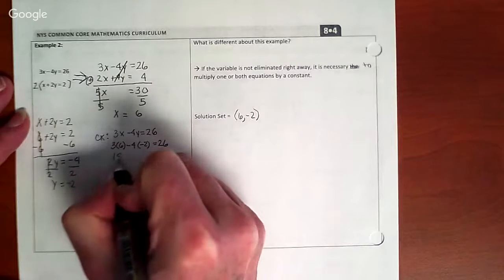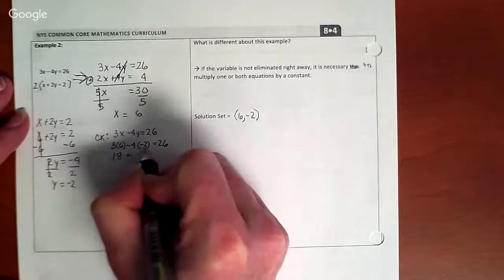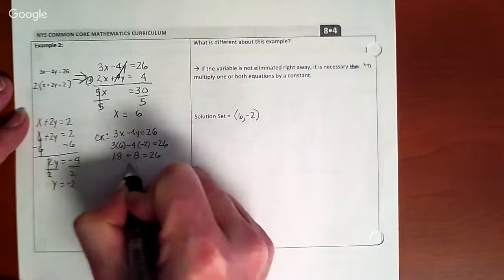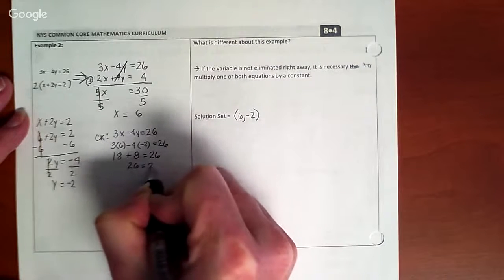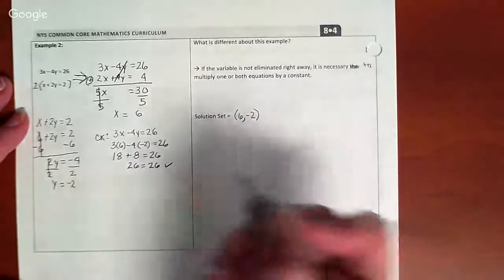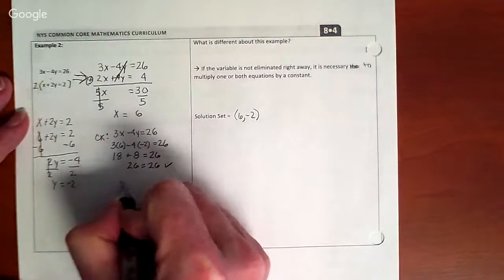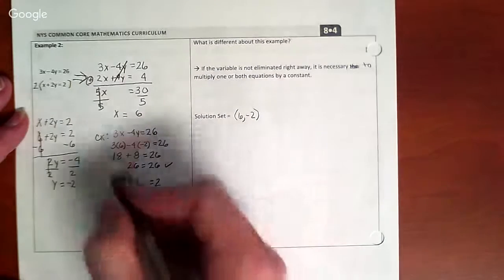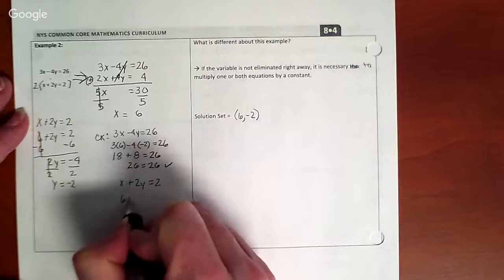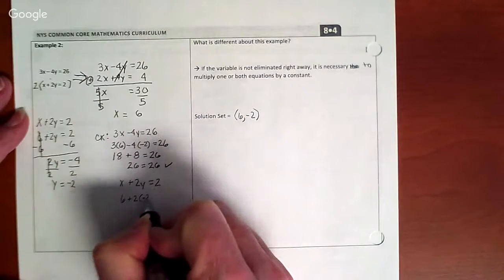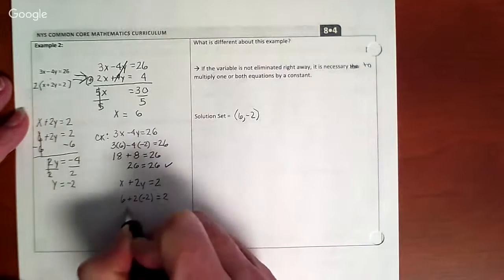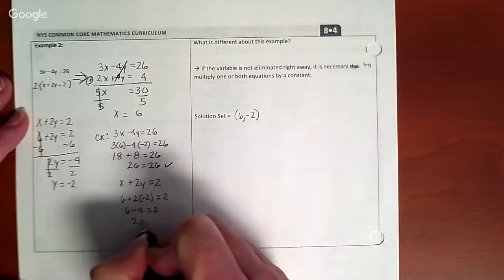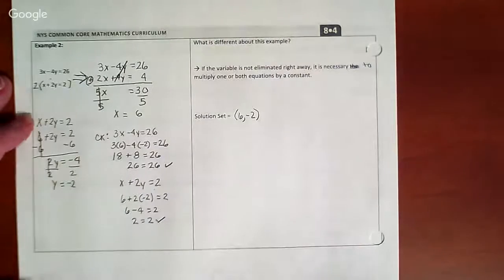So we have 18 plus 8 equals 26. 26 equals 26. That checks. Now we have the next equation, x plus 2y equals 2. We have 6 plus 2 times negative 2 equals 2. We have 6 minus 4 equals 2, and 2 equals 2.